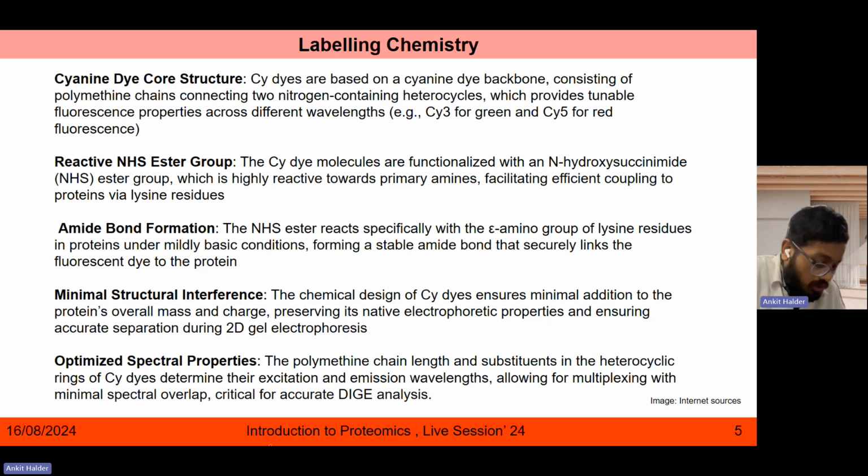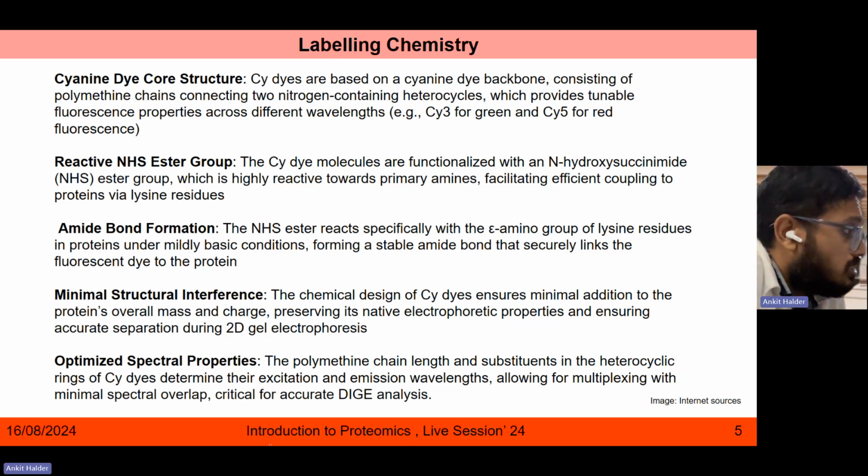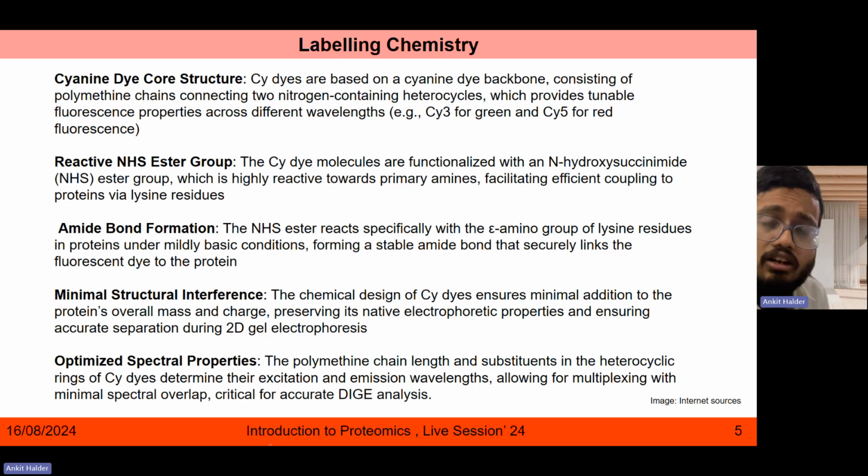If we tend to label our proteins, the dye should have a fluorophore with some bonds that can bind to the proteins quite effectively, right? Now we will look into the structural aspect to a greater extent.